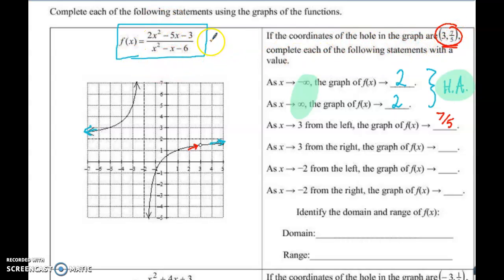Now we could have figured that out by factoring. If you factored it using all of our tricks that we've talked about, if it factors, then the x minus 3 needs to be on top and bottom. And then what's the other factor? x plus 2.